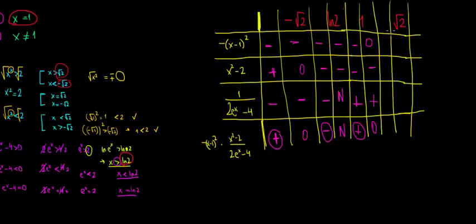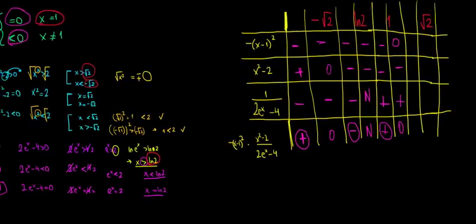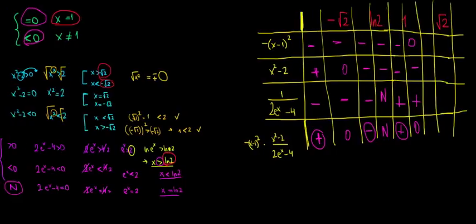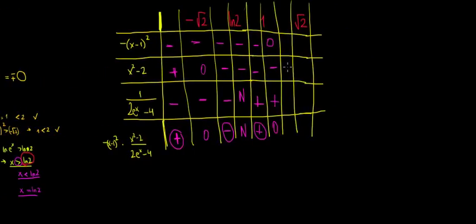Now between 1 and square root of 2. Square root of 2 equals 1.41. Let's take the value of 1.2. Now this number is going to be less than 0 because, as we said, 1.2 is just different than 1, so the overall range is going to be negative. So here we have a negative range. Now 1.2 squared minus 2 is minus 0.56.